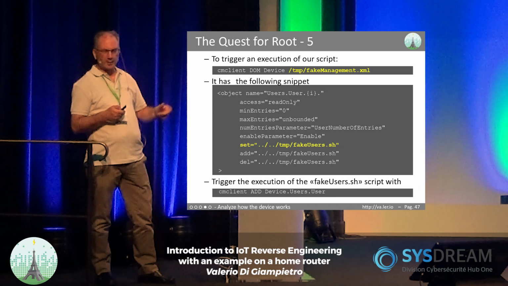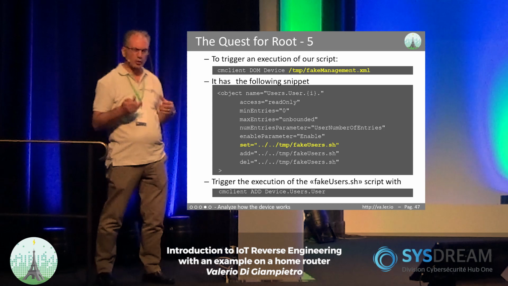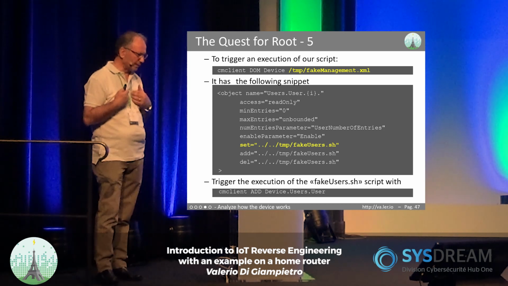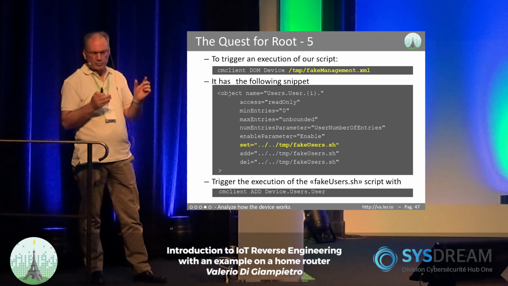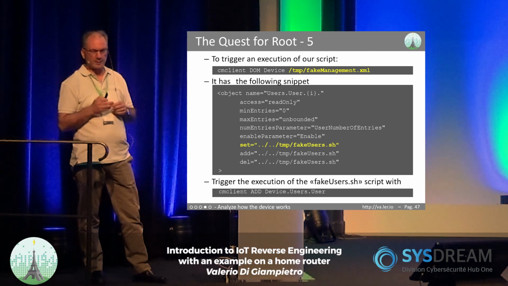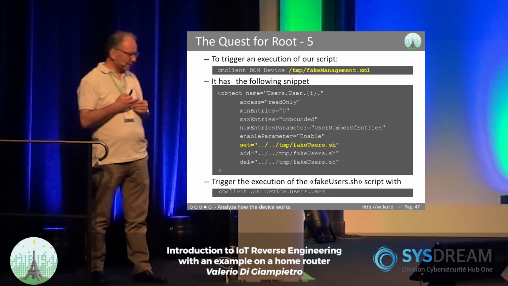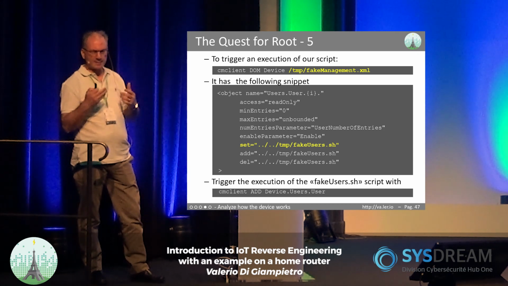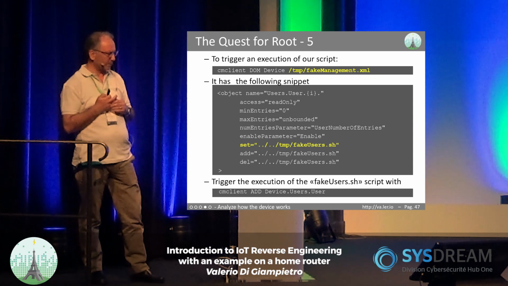Inside the fake management.xml, we can make it execute not the standard users.sh, but our own version that we call fake_users.sh, which does the same thing as the original, but with a few instructions to modify the password file to remove the root password. We can then trigger the execution of fake_users.sh. It will be executed by the same process as root, and will be able to modify the password file.